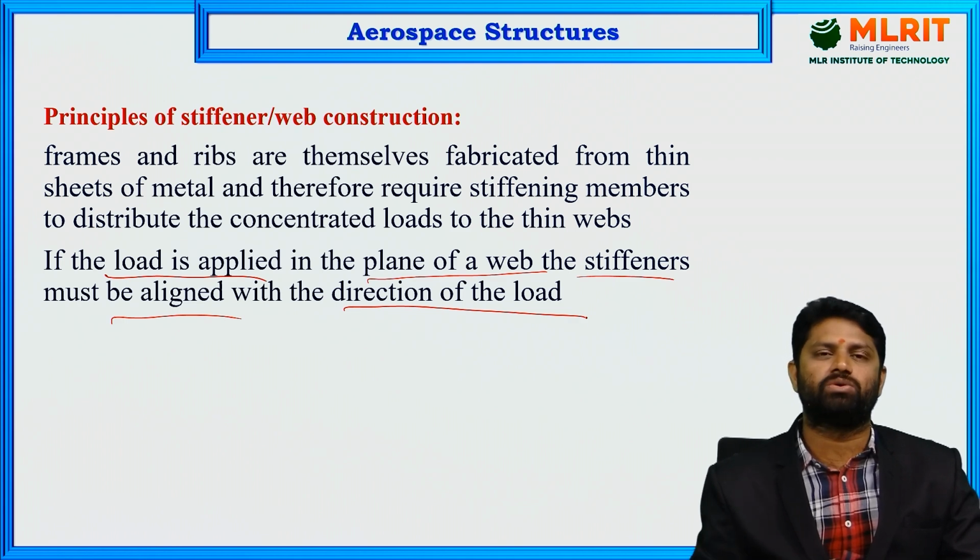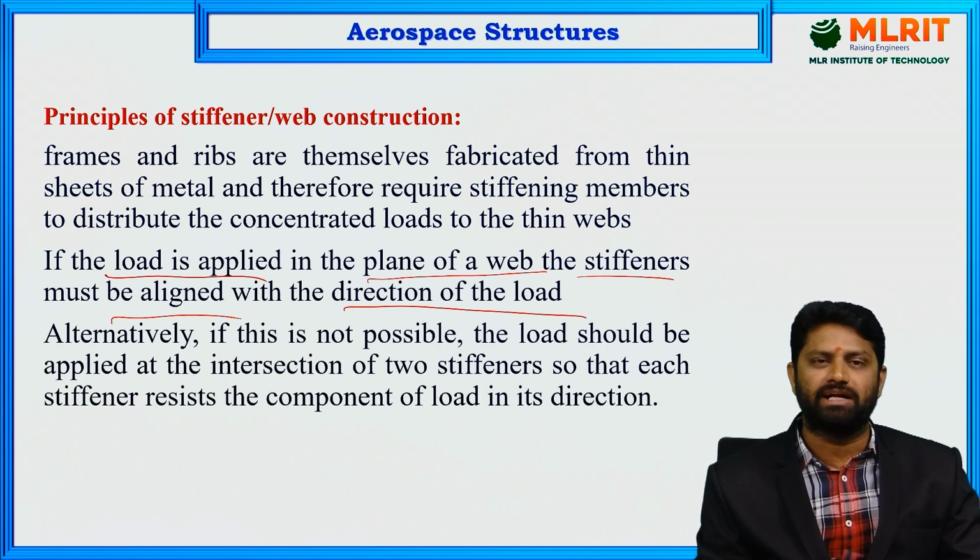So whenever you add a stiffener in a structure, it should be aligned with the direction of the load. The stiffener should be placed so that you add it only in the load direction. Alternatively, if it is not possible to add the stiffener in the direction of the load, the load should be applied at the intersection of two stiffeners.